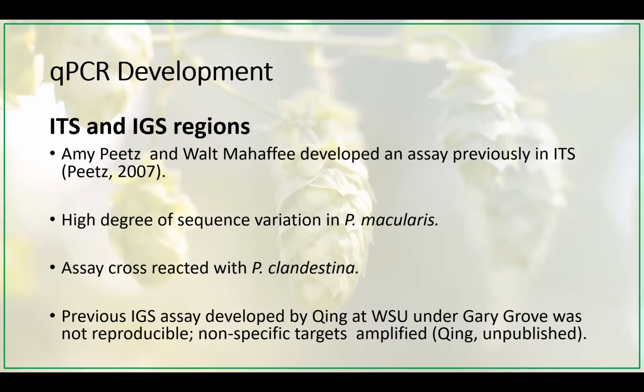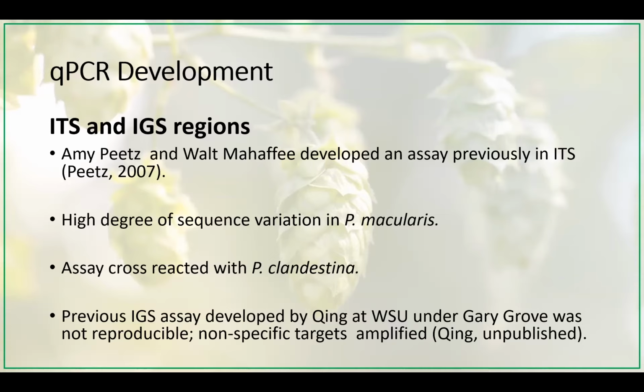There tends to be, though, a high degree of sequence variation in Podosphaera macularis, and that assay had a small amount of cross-reaction that occurred with Podosphaera clandestina, or powdery mildew of cherry. And then the IGS assay developed by Cheng at WSU was not reproducible and non-specific targets amplified.